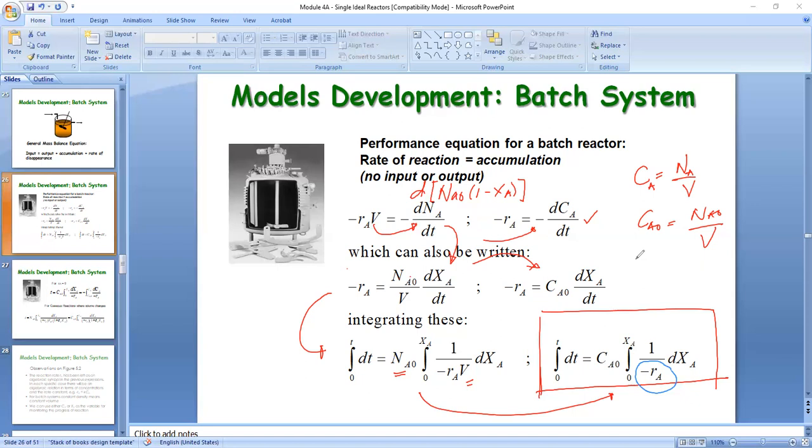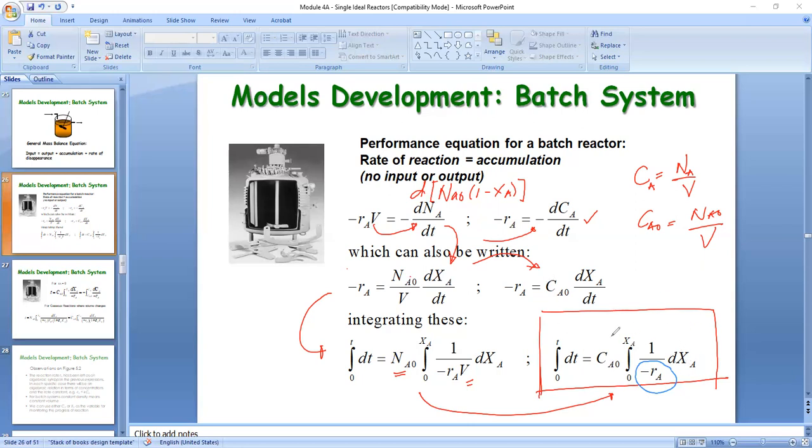Anybody? You can write it in the inbox or you can use your earphones, headphones. How will you write the performance equation for a batch system in terms of concentration? Because this one is in conversion.